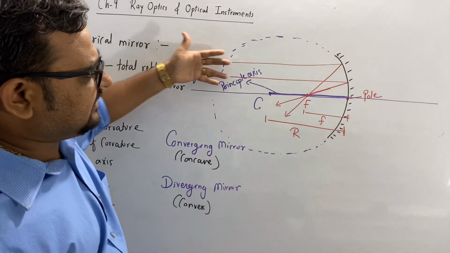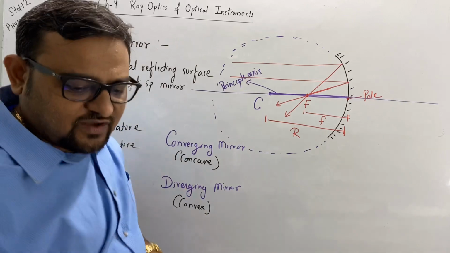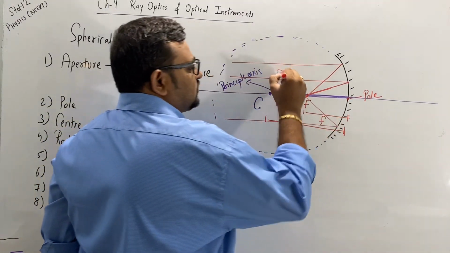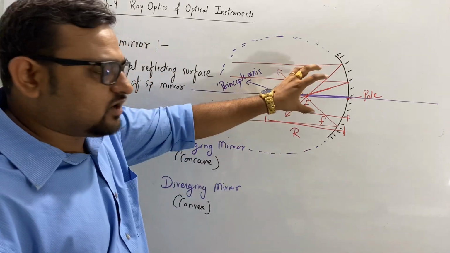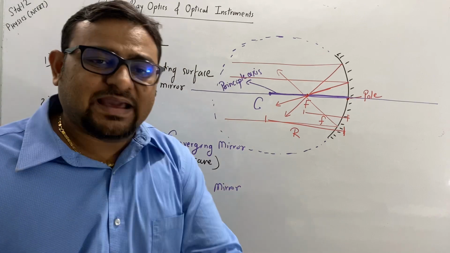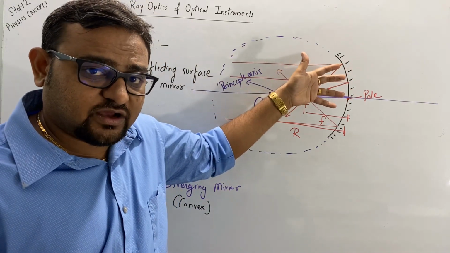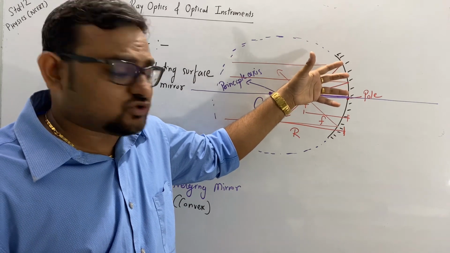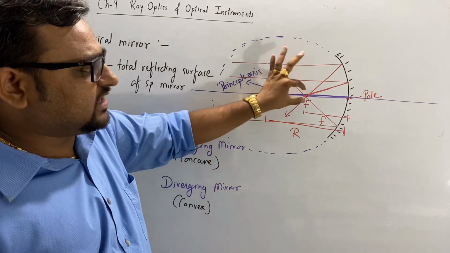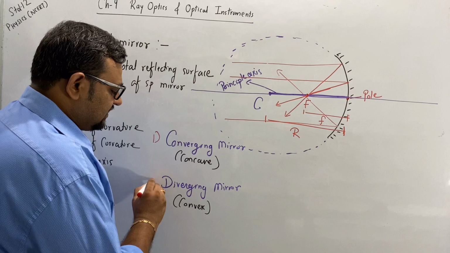You have seen that when the rays are passing through this, if I draw a ray here also, it will pass through this way, right? So the rays are converging. So such type of mirror are called converging. When parallel rays are incident on the curved surface of the mirror, they pass through the focus. Clear? So they are focusing at a common point called focus. That is called converging mirror.